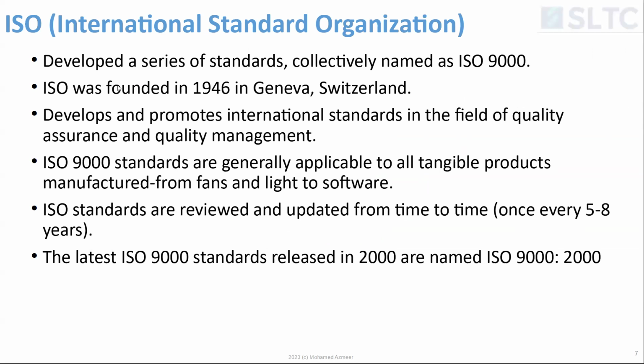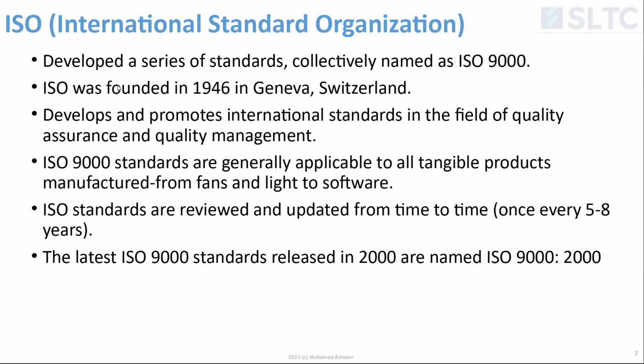Now, by the way, this started in 1946, right, in Geneva, Switzerland. So the 9000 standards are generally applicable to all tangible products manufactured, from fans to lights to software. So we have a very generic standard that can be applicable to manufacturing anything, right, including software.